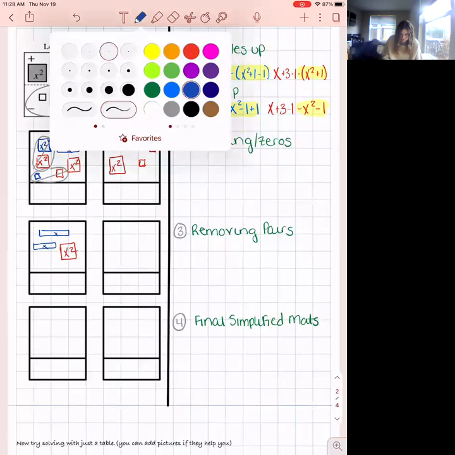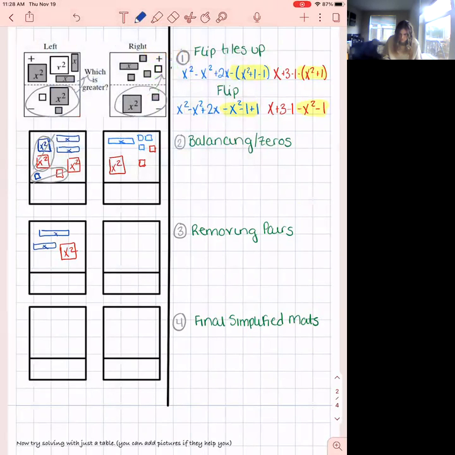So I'm going to rewrite this in the right order. X squared minus x squared minus x squared plus 2x minus 1 plus 1.